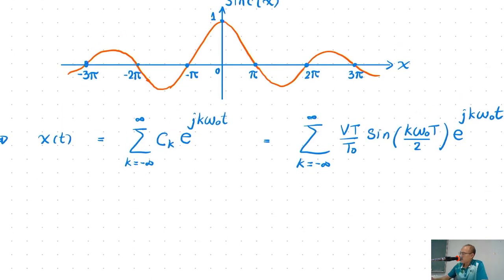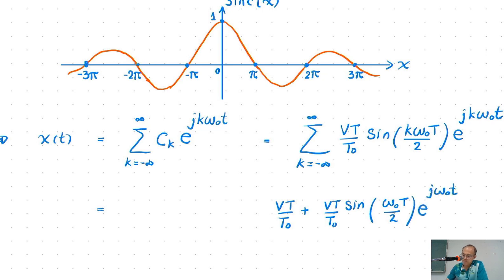Now, if I am to unfold this summation, I have to think about each k. When k is 0, the value would be VT over T0. When k is 1, the value is VT over T0 sinc of omega 0 T over 2 e to the j omega 0 t.